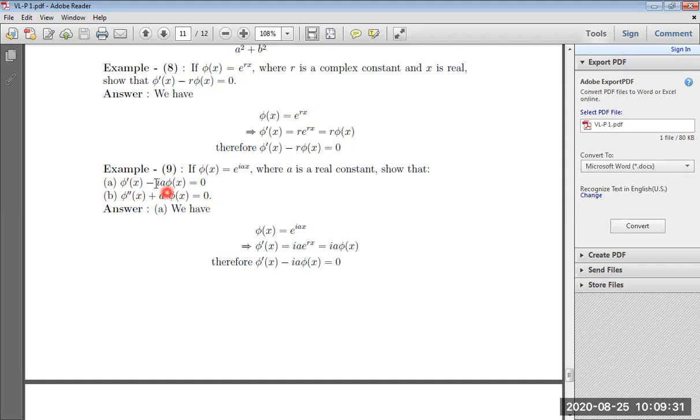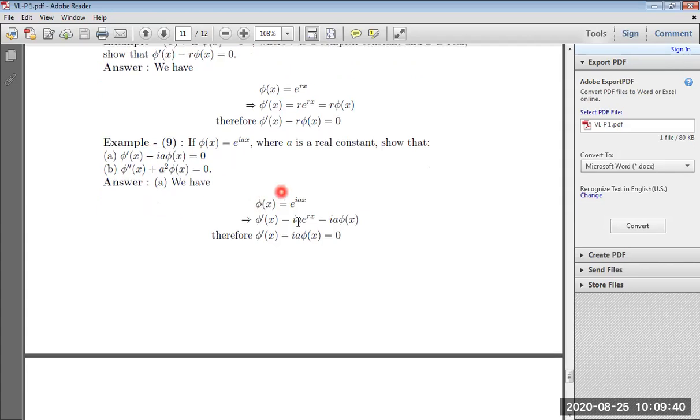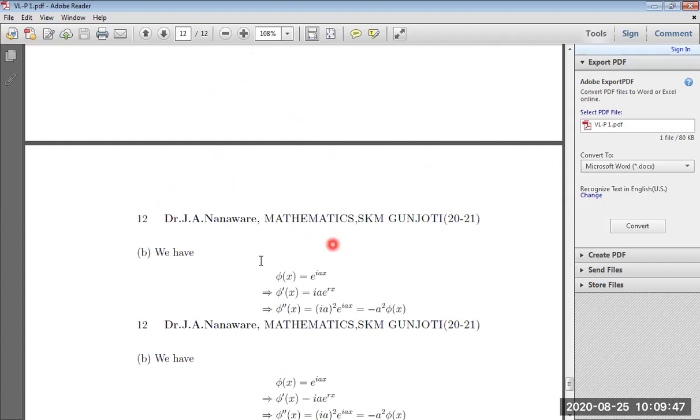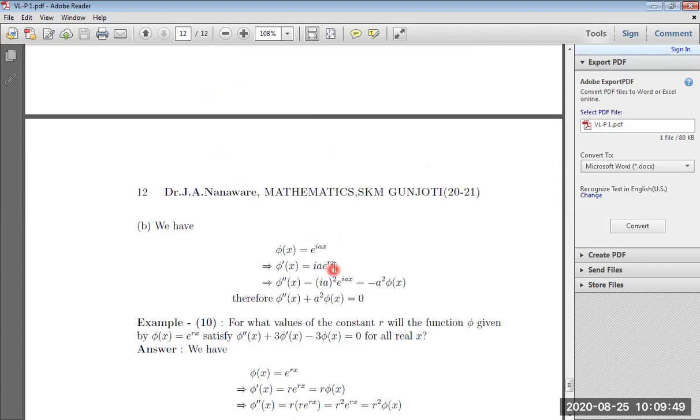You will see that this phi of x is a solution of differential equations A and B. By taking the first derivative, you will get phi dash minus i a phi is 0. For the second, the first derivative is this, and work out the second derivative. Here it is minus a square phi of x, and we will get this equation. It means this function phi is equal to e to the power iax is a solution of this differential equation.